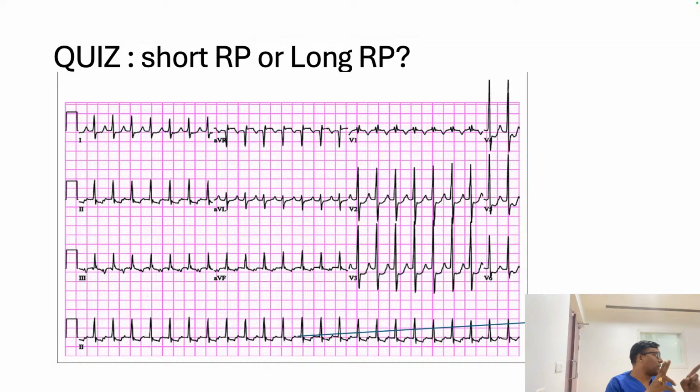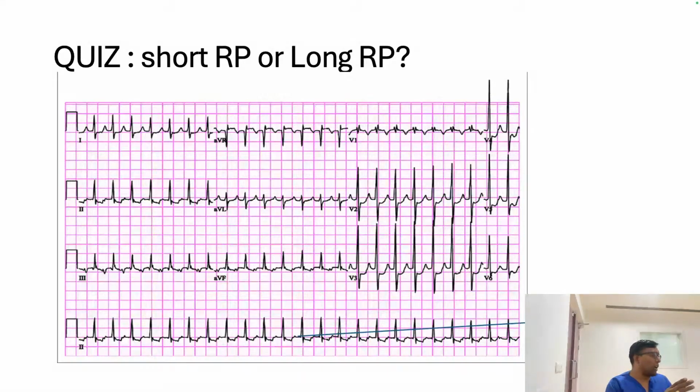Short RP less than 70 is AVNRT. Short RP more than 70, it can be AVNRT, AVRT, anything is possible. Now coming to the long RP. The definition is when the R to P is more than half of the RR interval, it is a long RP.